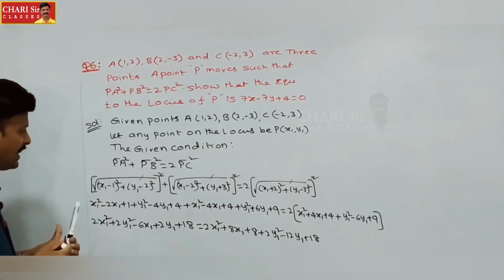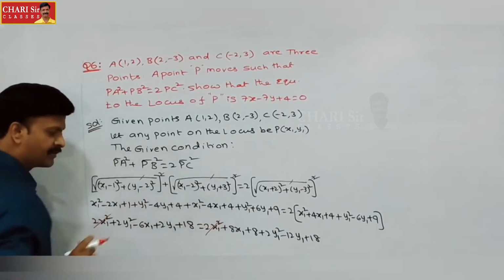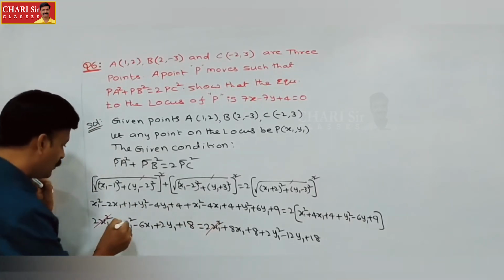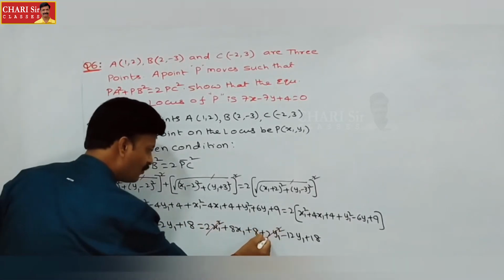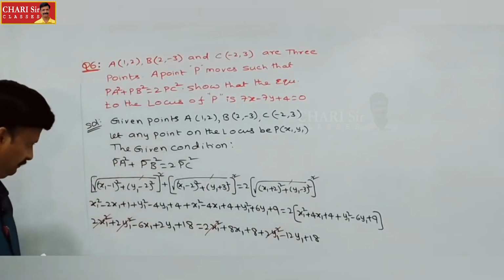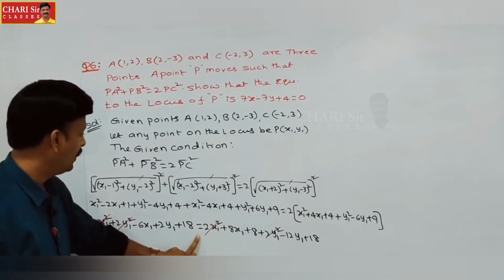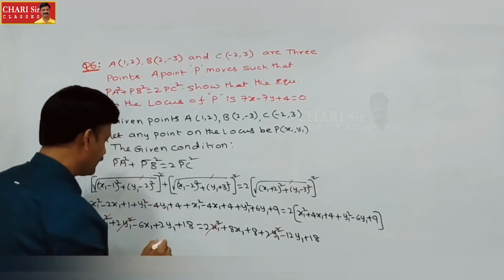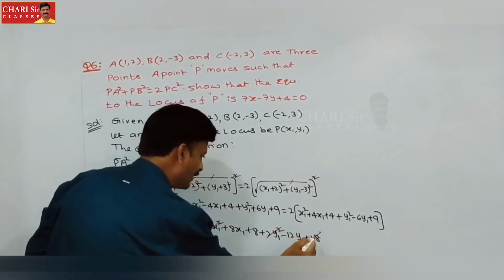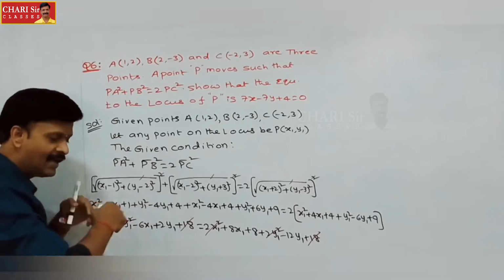Now you can see that from both the sides, 2x1 square and 2x1 square you can cancel, and 2y1 square and 2y1 square you can cancel from left hand side and right hand side. Is there anything else that gets cancelled? Here 18 is given, okay, here plus 18 is there, here plus 18. From both the sides, same sign numbers can be cancelled from the left hand and right hand side.